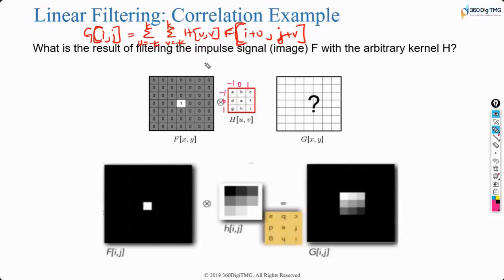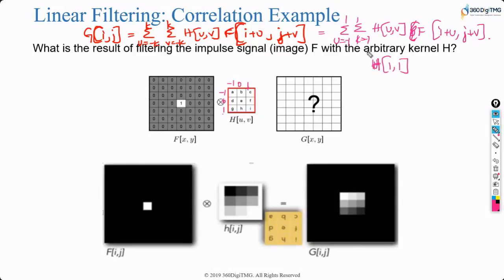If I were to solve this for you, if I take u equal to minus 1 to plus 1 and v equal to minus 1 to plus 1, h of u comma v, f of i plus u comma j plus v. When you take u equal to 1 and v equal to 1, h of 1 comma 1 is what will become.